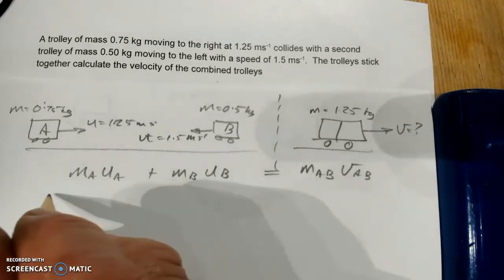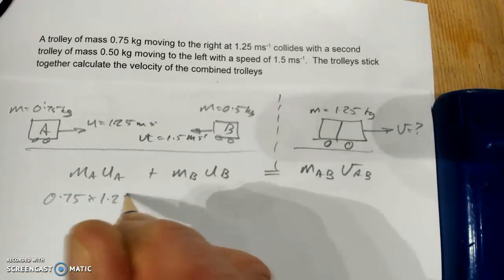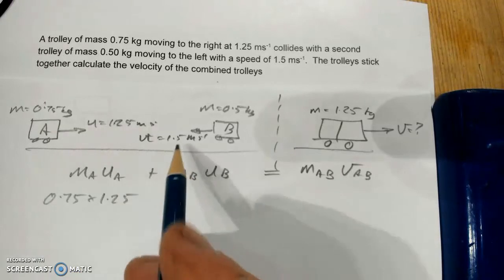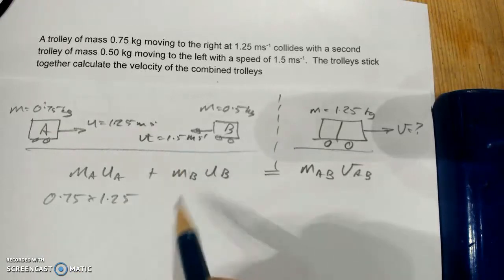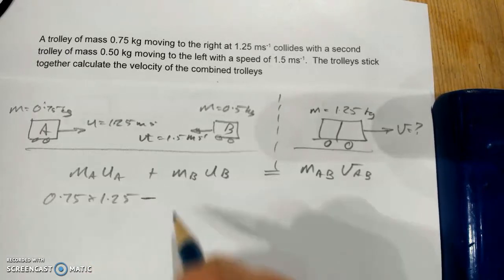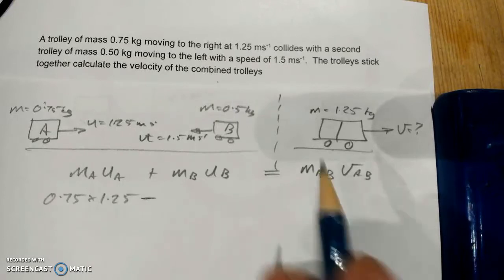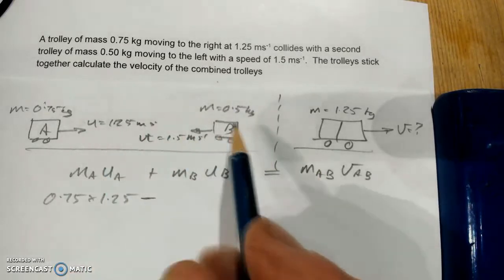So let's put the numbers in. So we've got 0.75 times 1.25, that's all easy enough. And then, because this is going in the opposite direction, that's a negative velocity. So we're going to put a negative in there because it's going backwards. That's the key mistake that some people sometimes make with this. So that's the advantage of drawing it out as a diagram.